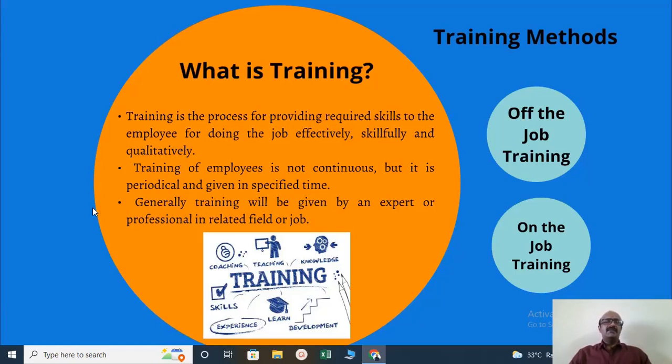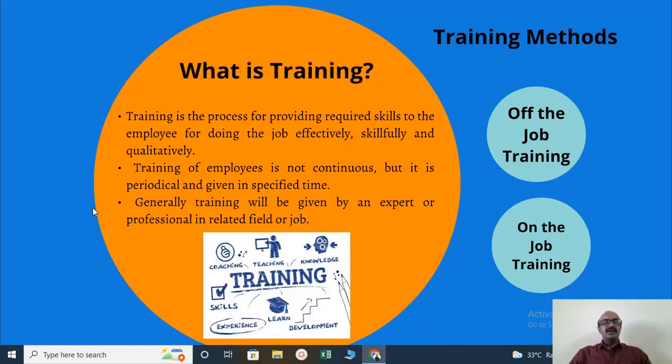The training may vary depending upon the organization or the nature of the job. Before entering into the details, first of all, let us know what training is. Training is the process of providing required skills to employees for doing the job effectively, skillfully, and qualitatively.